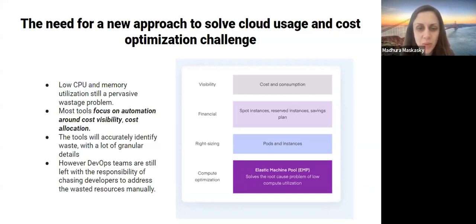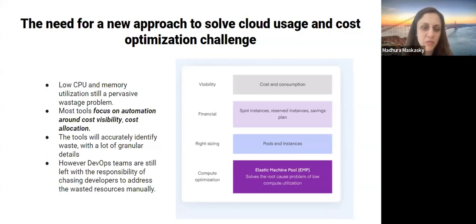So we kind of map the spectrum of cloud cost optimization tools to be following roughly in these 4 buckets, starting with visibility, which is where CloudHealth, Cloudability, CloudZero, KubeCost, those tools lie. Then there are financial optimization tools like NetApp Spot that let you make intelligent use of Spot instances to save costs, or reserved instances or savings plans.